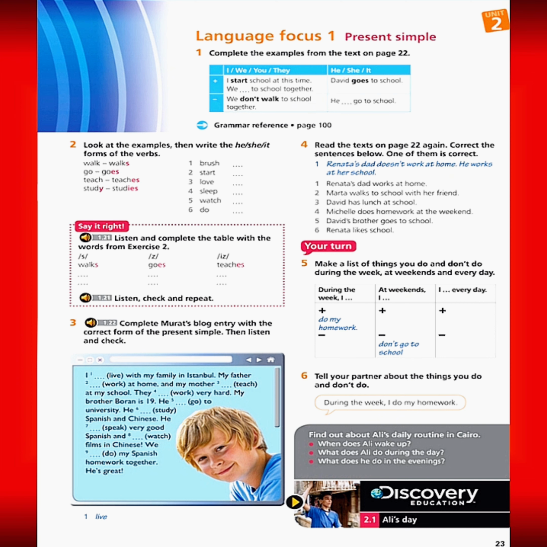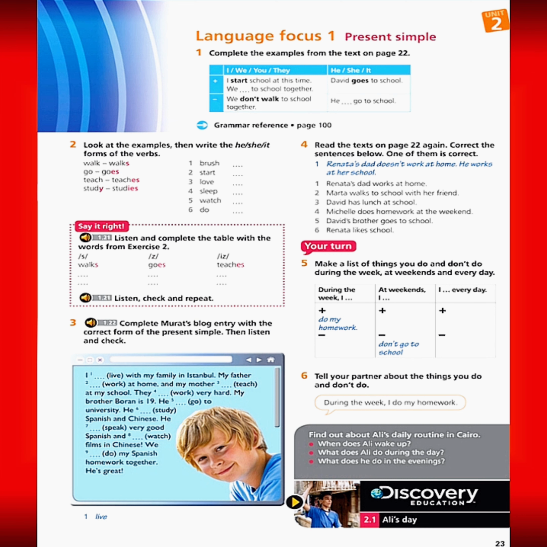Fly becomes she flies. When the verb ends in ss, sh, ch, x and o, we add es, such as she finishes, he relaxes, it goes.